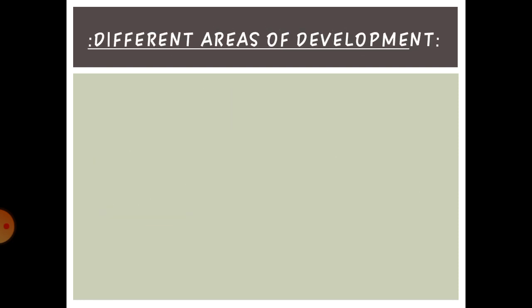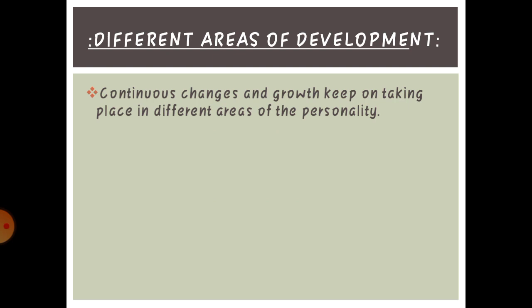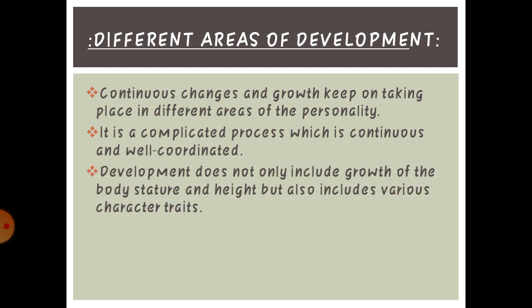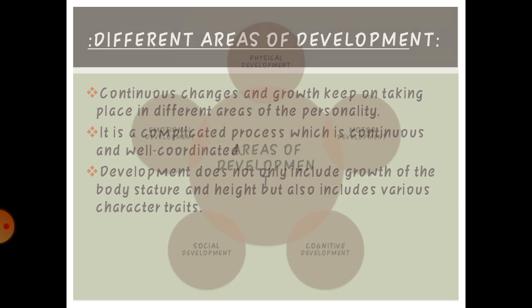Different areas of development. Continuous changes and growth keep taking place in different areas of the personality. It is a complicated process which is continuous and well coordinated. Development does not only include growth of the body structure and height, but also includes various character traits.